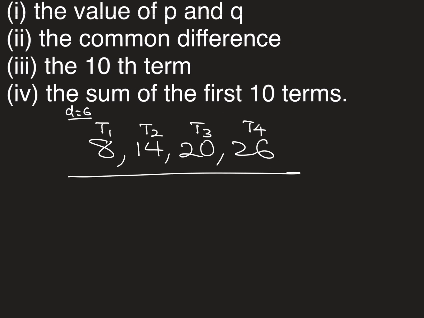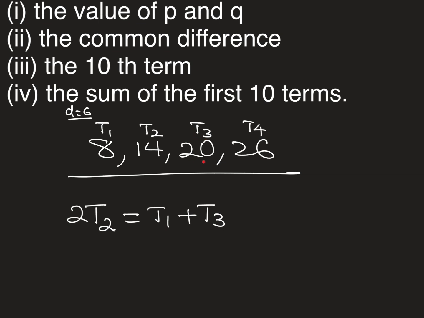There is something that is true for all AP. The term that you have in the middle, twice of it will give you the sum of the previous and the successive term. So that is 2 times T2 will give you T1 plus T3.